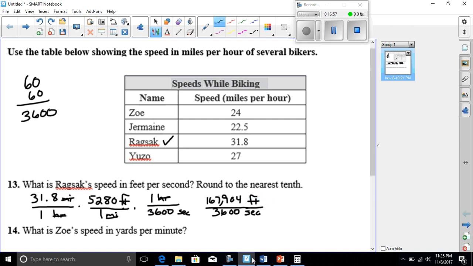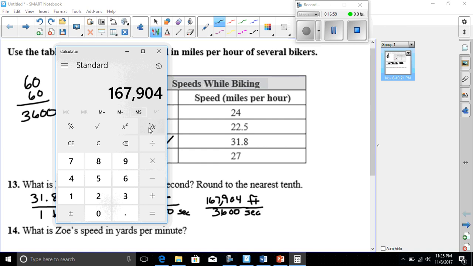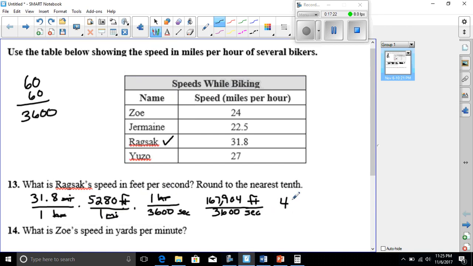Okay, now we have to divide this humongous number by 3,600. And that equals 46.6. Let's see, 46.6, and we're rounded to the nearest tenth here.